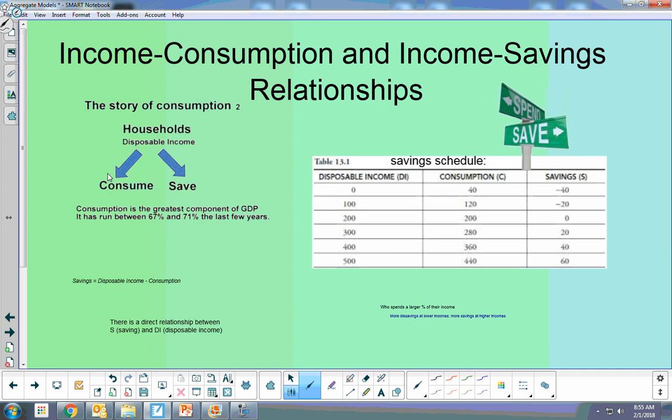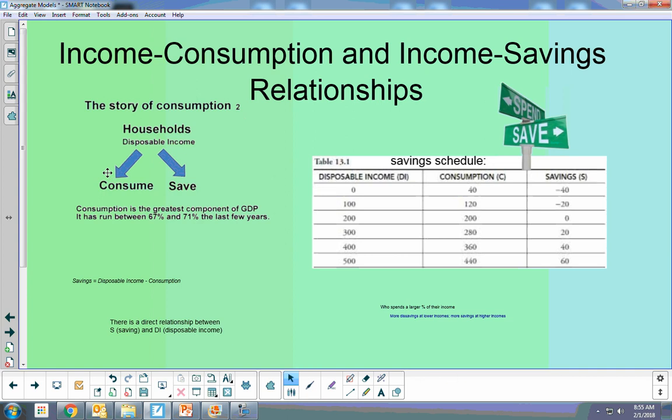About 71% of GDP comes just from that C, which means the other 30%-ish comes from the other three added together. So we spend more than everyone else together. We spend more than the government, more than businesses, and more than foreigners, which one's easy because they spend a negative amount because we have negative net exports.